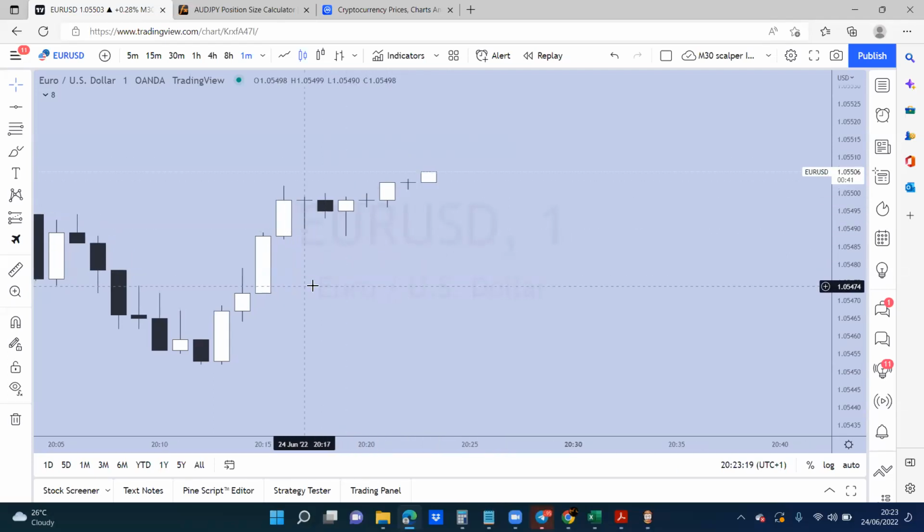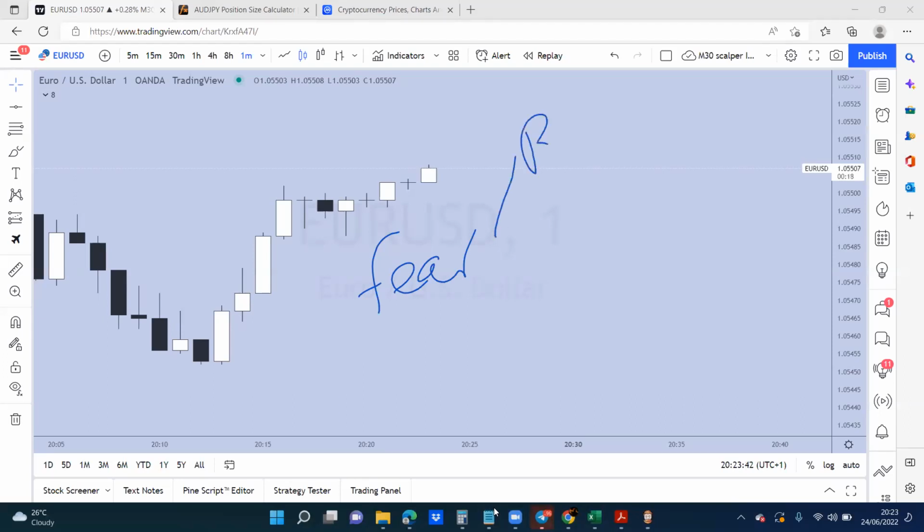Candles represent the global fear and greed of market participants. The candlestick represents the global fear and greed of participants. When people are fearful, they take action either to buy or to sell.